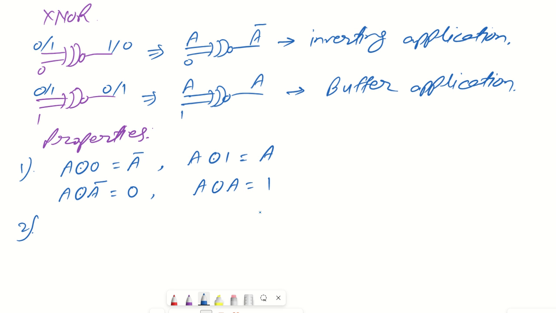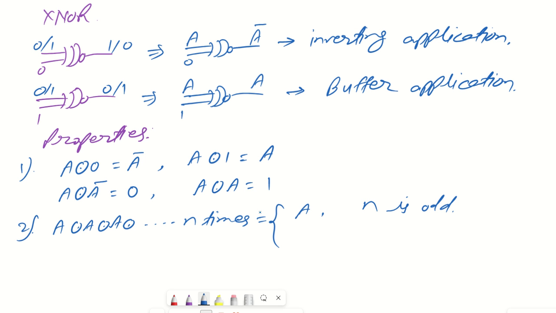But if the number of inputs is more, let us say A XNOR A XNOR A and so on, n times, and this is a very important one: if n is odd, then it will always be A, whether it is 0 or 1.